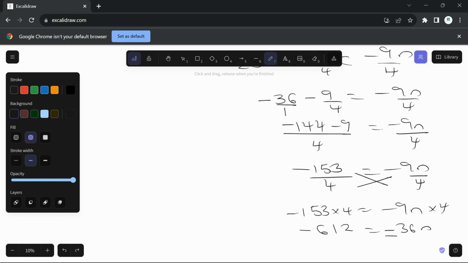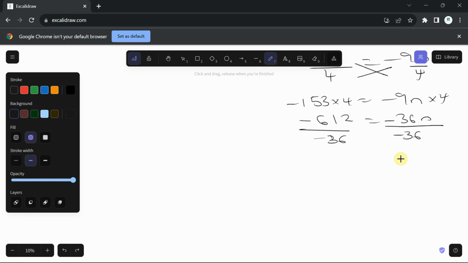To make n stand alone, I can divide both sides by minus 36. If I were solving this question in WAEC, I would say dividing both sides by minus 36. This guy will go, this guy will go. So 612 divided by 36, this will go, this will go. This is 1, this is 17. So therefore my n is equal to 17.